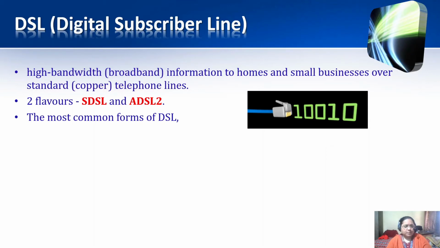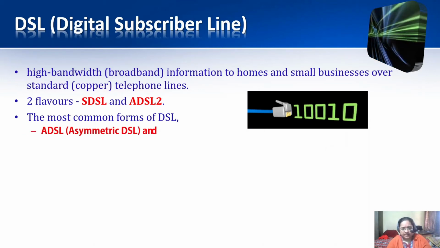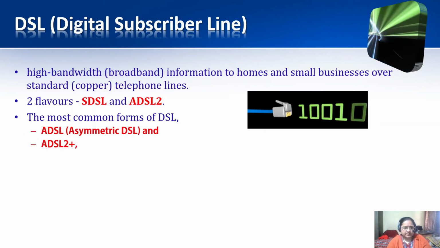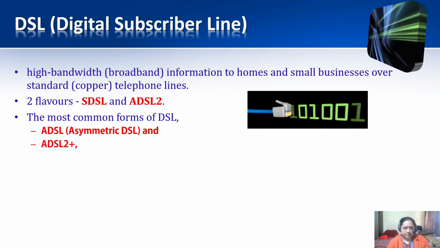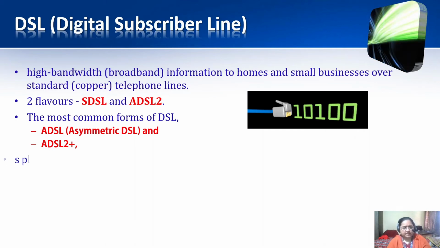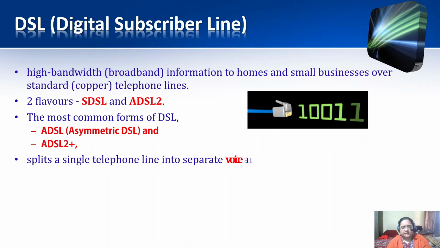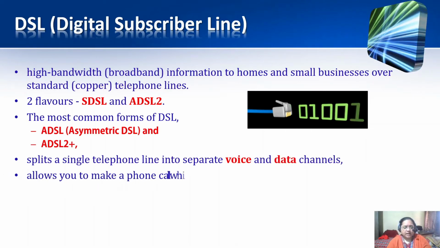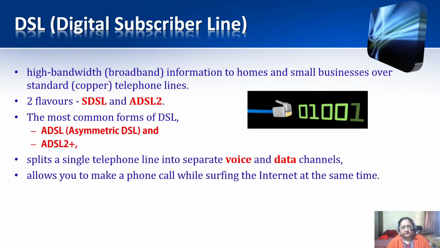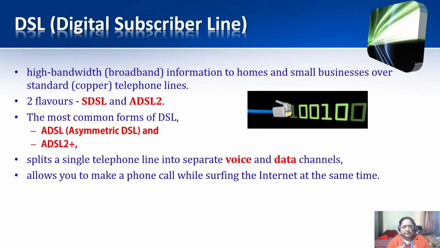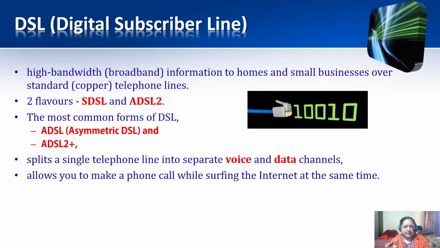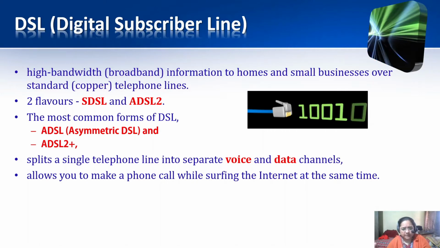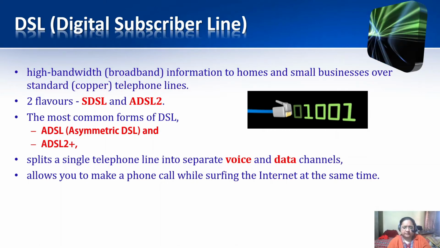The most common forms of DSL are ADSL, asymmetric DSL, and ADSL2 plus, which is a bit improved version of ADSL. It splits a single telephone line into separate voice and data channels, allowing you to make a phone call while surfing the internet, because the internet data travels through a different channel than voice.